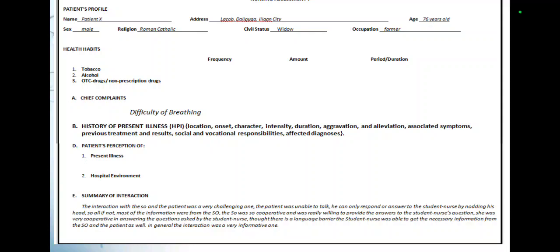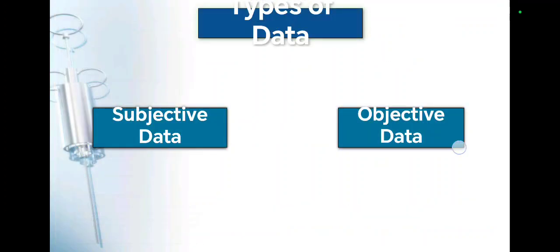So in this sample that is shown here, this includes the subjective data. So the patient's profile, we have the health habits, the chief complaints, history of present illness, summary of interaction, history of past illness. So these are just some of the subjective data that we can gather from our patient.